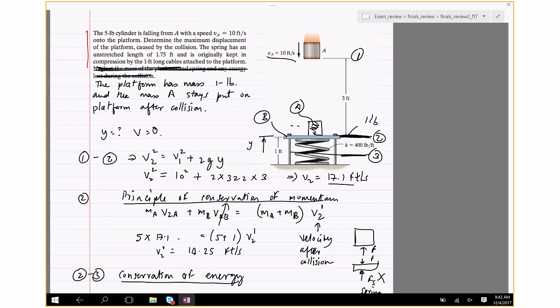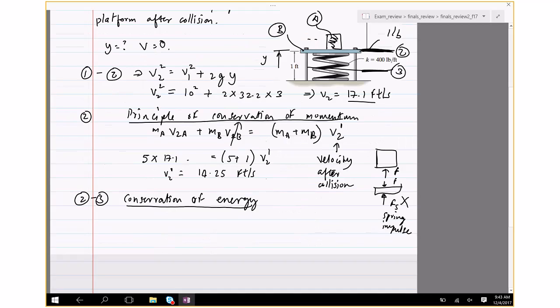Mass and mass cancels off. This equation is actually conservation of energy. If you multiply with half m, you get initial energy, final energy is initial energy plus potential energy. So T1 plus V1 equals T2 plus V2. Initial energy is half MA plus MB V2 prime square.